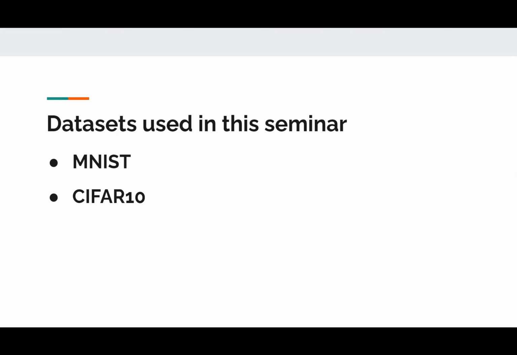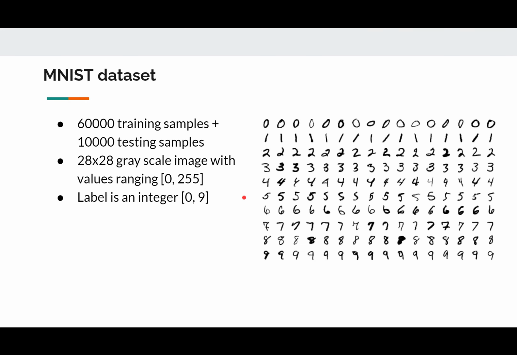I'm gonna use MNIST and CIFAR-10 in this seminar. MNIST, probably most of you already know, is a dataset of handwritten digits images. Each sample is a 28 by 28 grayscale image.